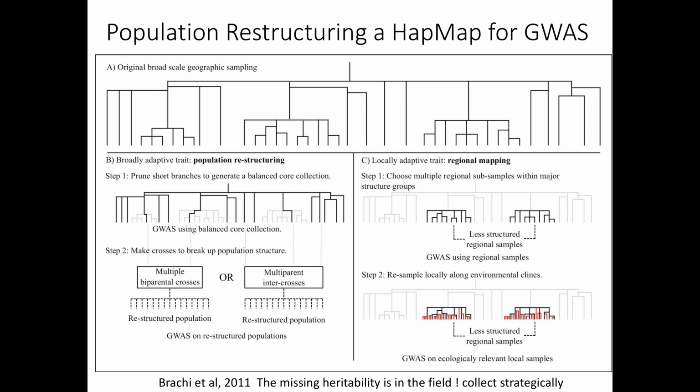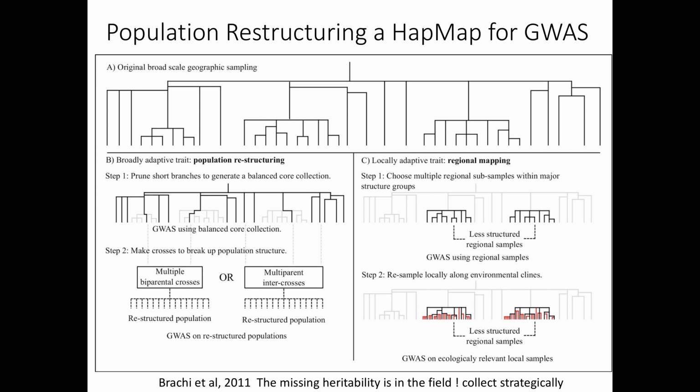And so you can focus on certain populations, certain parts of the landscape where you can collect wild populations and do a regional mapping approach where you say, look, there's a lot of variation out there, it's structured, but I'm going to focus on some recent admixture or local populations.